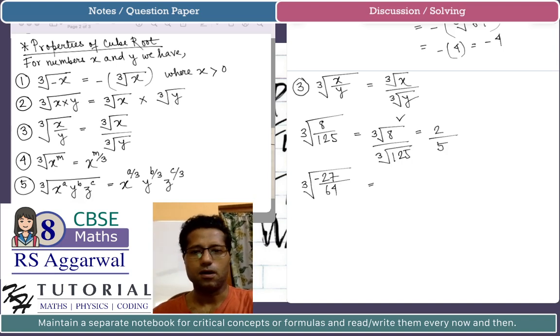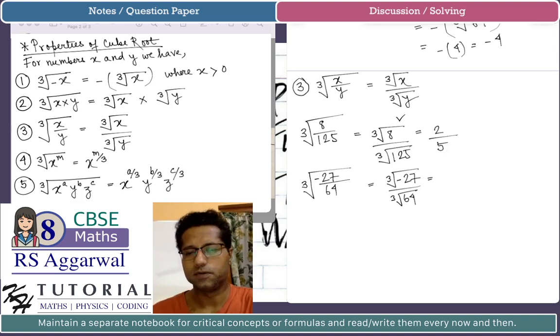So you can express this as cube root of minus 27 divided by cube root of 64. Now cube root of minus 27 is the negative of cube root of 27, and this is cube root of 64.